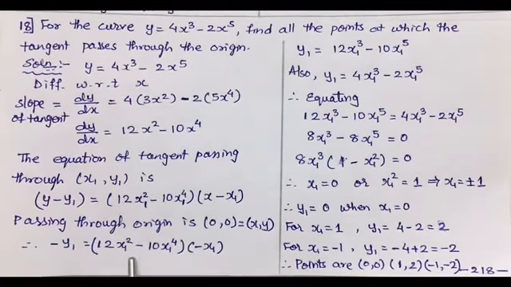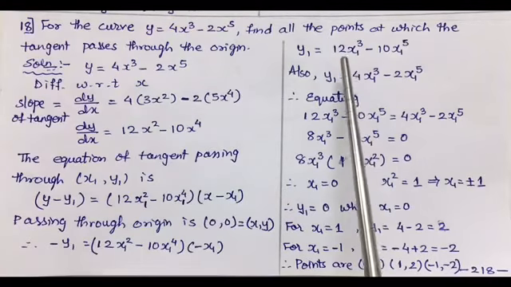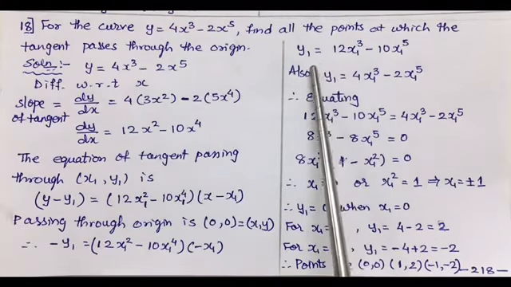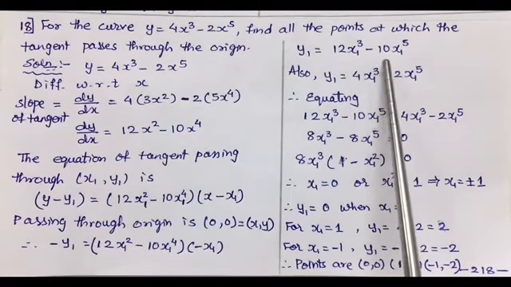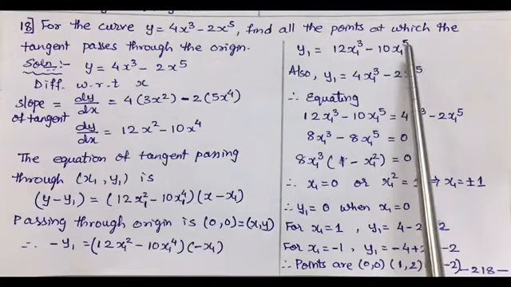Expanding the bracket, negative and negative get cancelled. The final part that we get by multiplying x1 with this bracket, that is 12x1 square minus 10x1 raised to 4, the answer is y1 is equal to 12x1 cube minus 10x1 raised to 5.